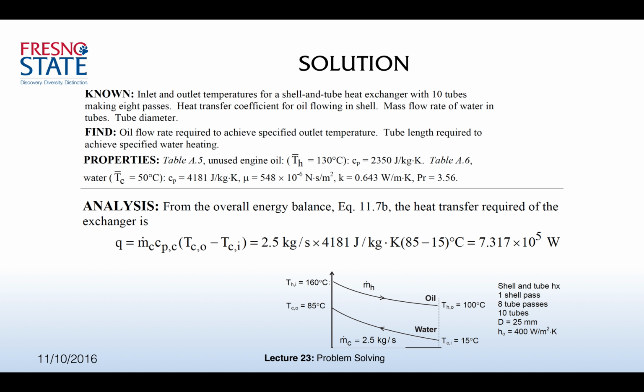So that is our first part of the problem. The oil mass flow rate, m dot h, is 5.19 kilograms per second.